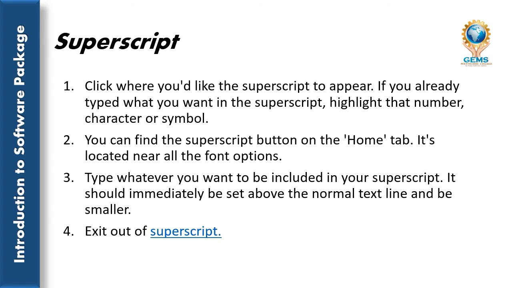Then find the superscript button on the Home tab, located near the font options. Type whatever you want to be included in your superscript. It should immediately be set above the normal text line and be smaller. Finally, you can exit out of superscript.